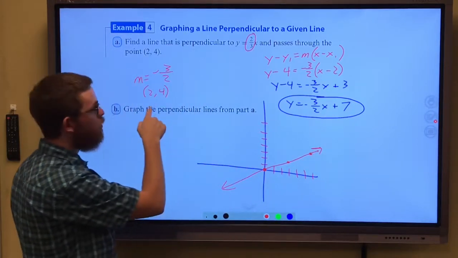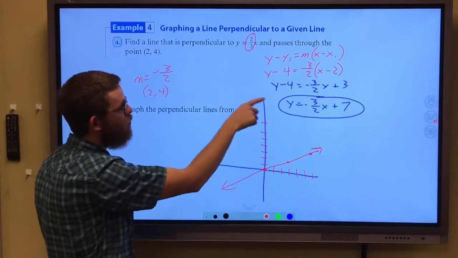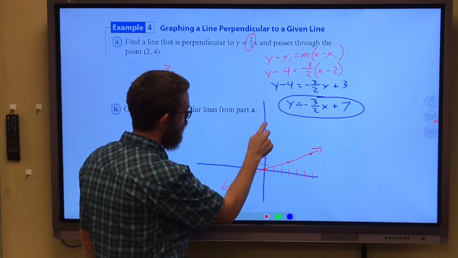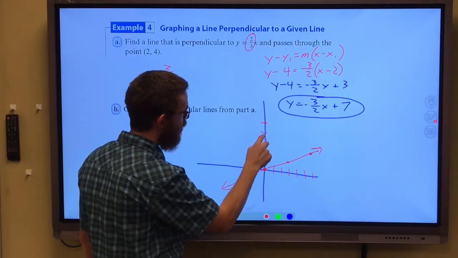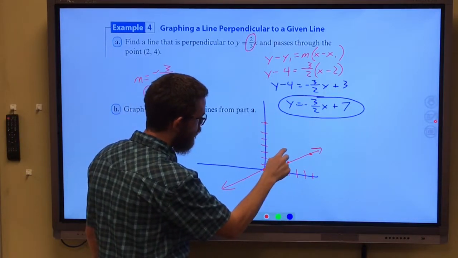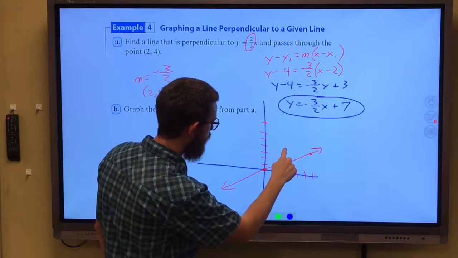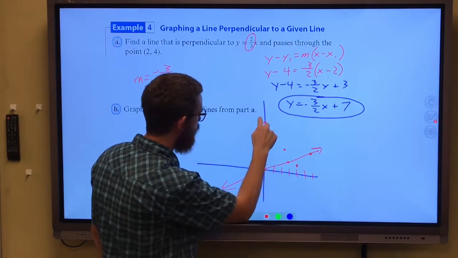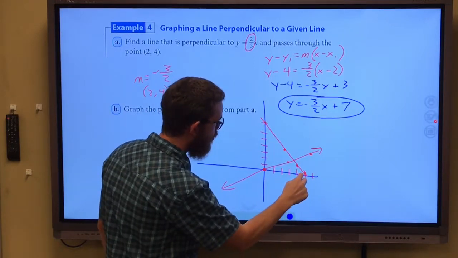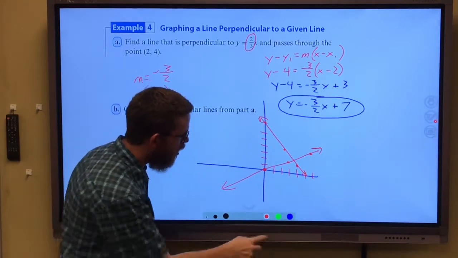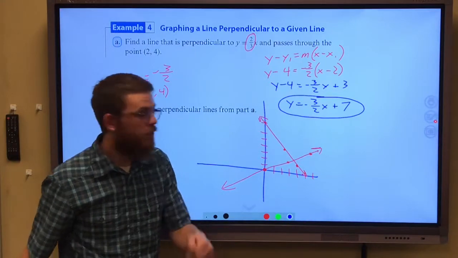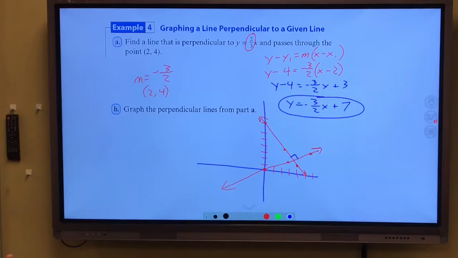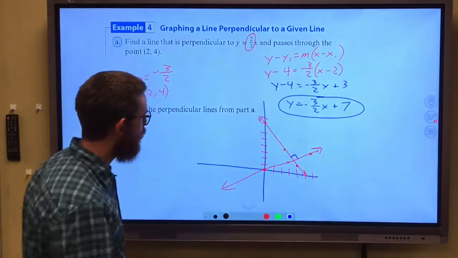So that is my original one, as given in the problem. My new one has a y-intercept of 7, and the slope is negative 3 over 2, down 3 over 2, down 3 over 2. And these do intersect because they're perpendicular, but not only do they intersect, the angle created is a right angle. That is our definition of perpendicular.